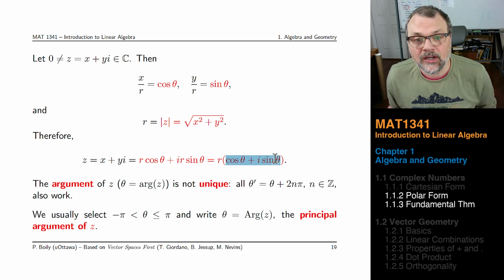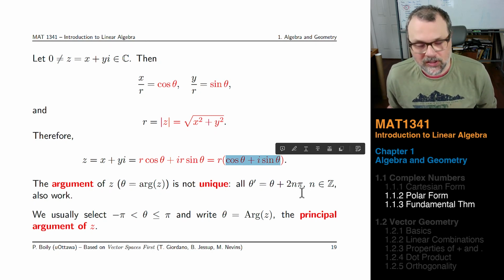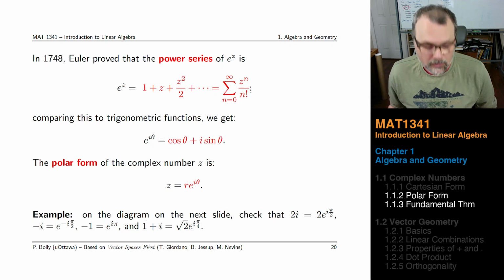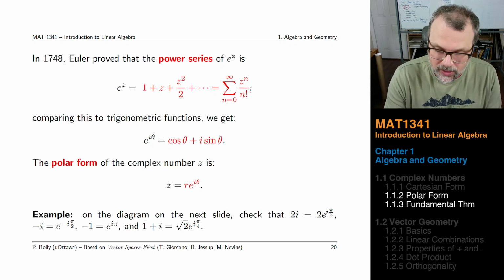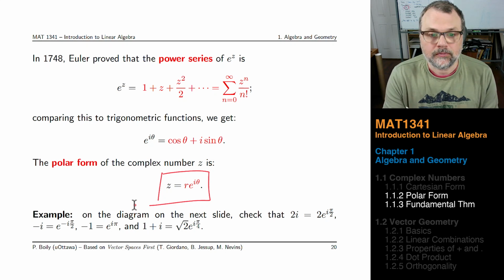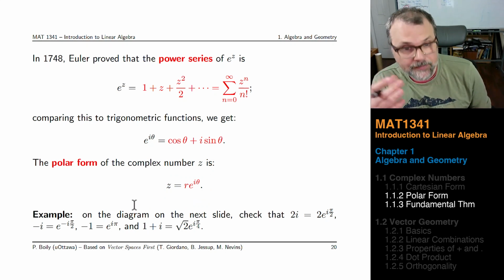This expression from calculus, we will eventually see, is the same thing as e to the i theta. And so the polar form would be r times e to the i theta.